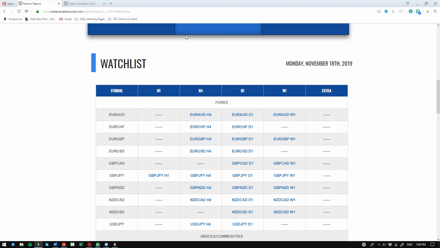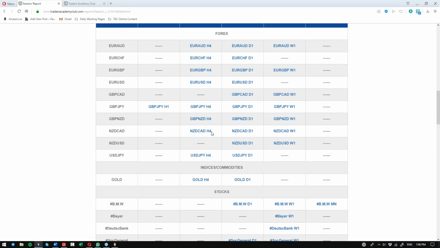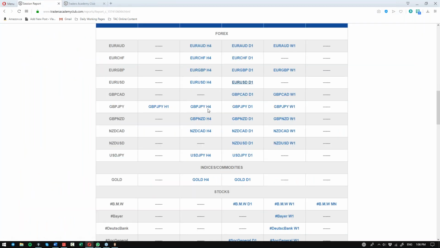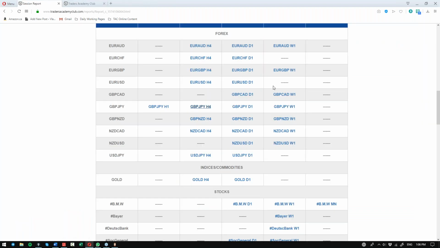Generally speaking, you have a watch list and you have a comment section. The watch list is basically the place where you just hit the button on any single time frame you would like. It opens the chart for you, explaining what we have here. Just go here and you will see everything you need.